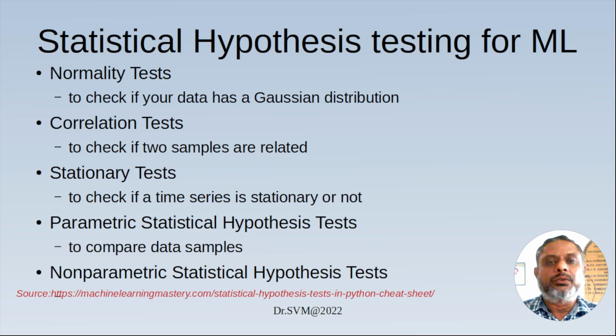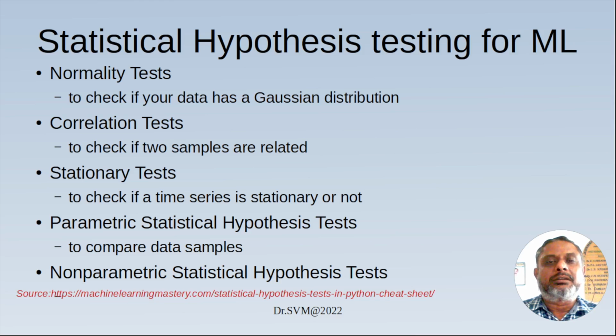We need to work on the data, and then we need to do some statistical tests. For this, we define some hypothesis, then verify whether our hypothesis is right or wrong.